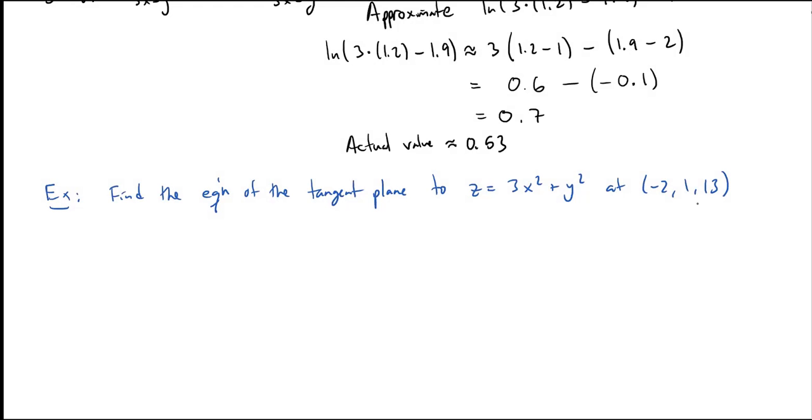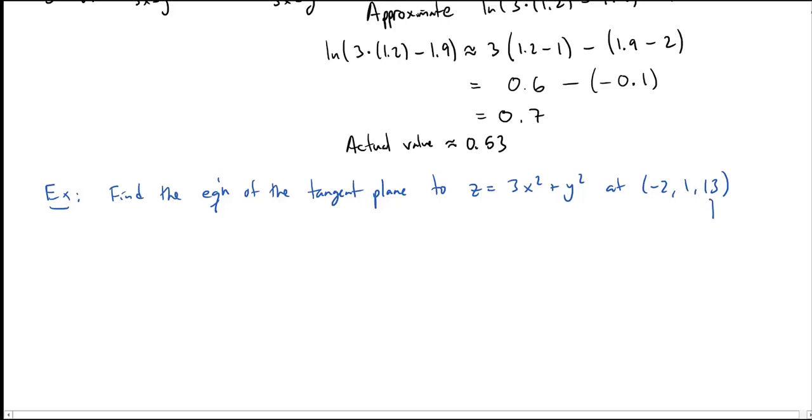There's something that looks a little bit different here: I seem to have given you a third coordinate, right? Why am I being nice here? Wait, didn't you just give us the f of a, b? I sure did.